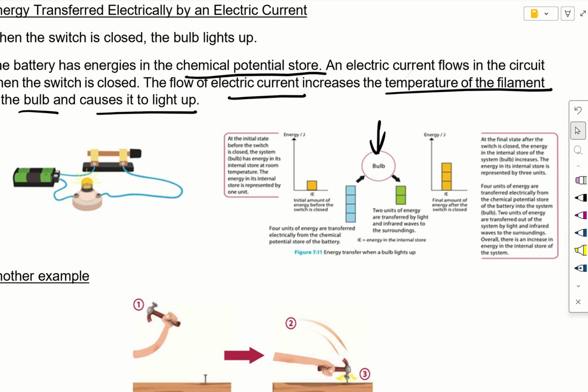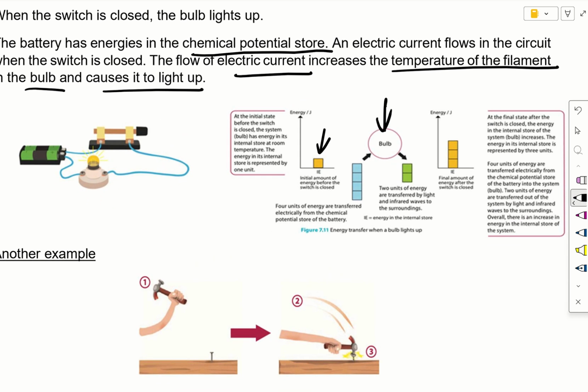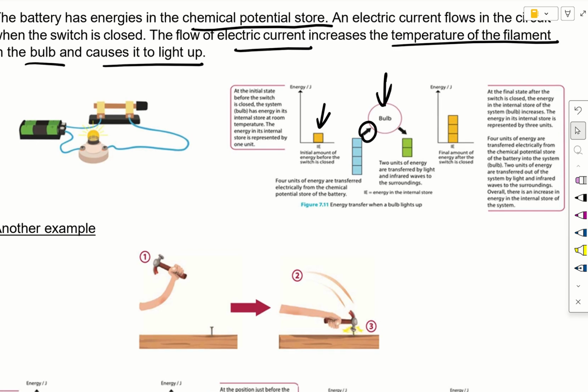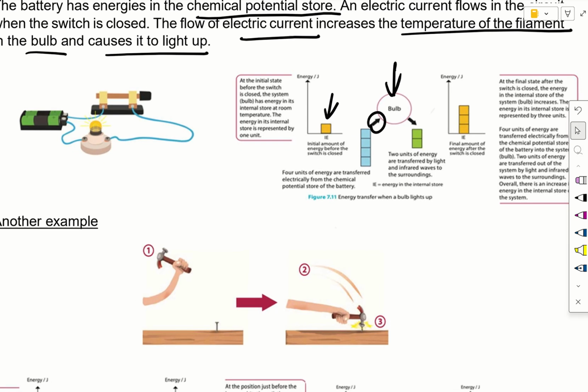Before that, it has a certain amount of internal energy before the switch is closed. After the switch is closed, there are 4 units of energy transferred electrically from the chemical potential store of the battery. Now take note, we don't talk about electrical energy because it is no longer in the syllabus, the syllabus has changed.